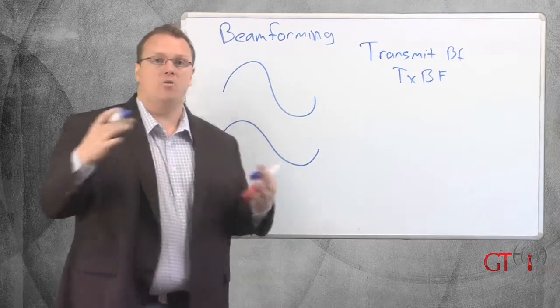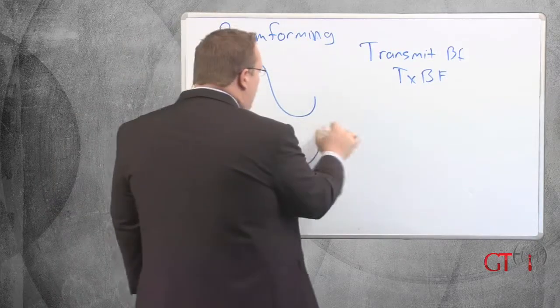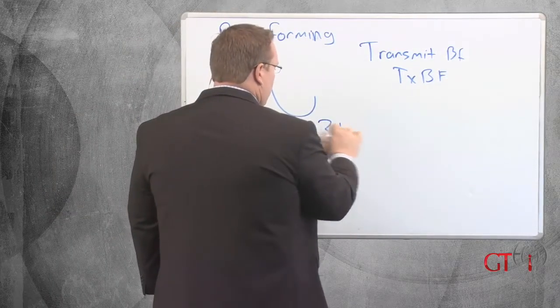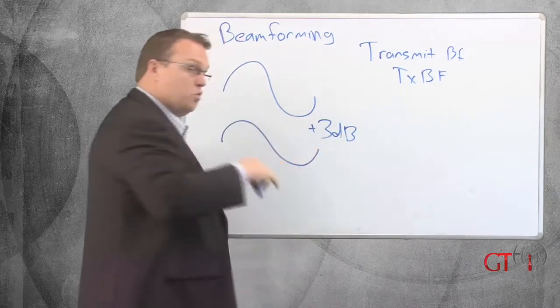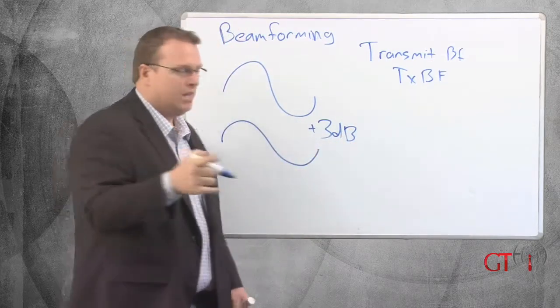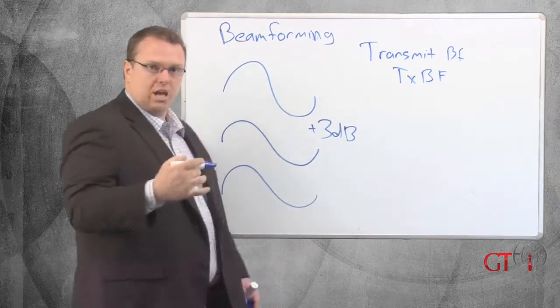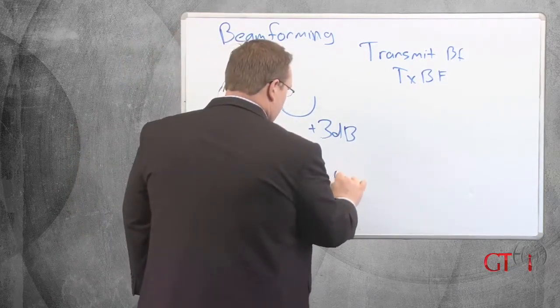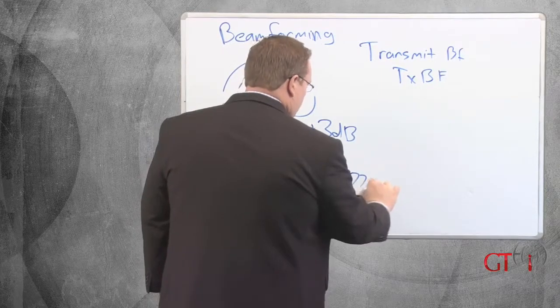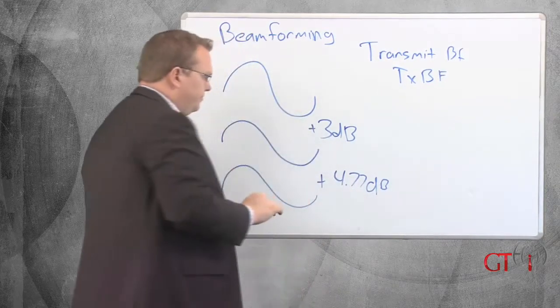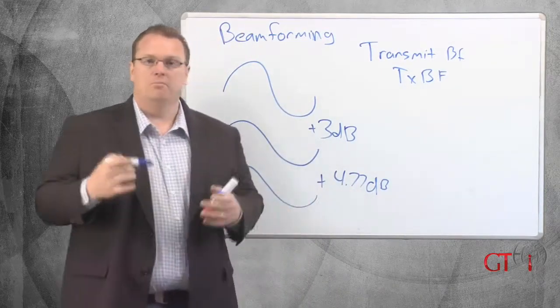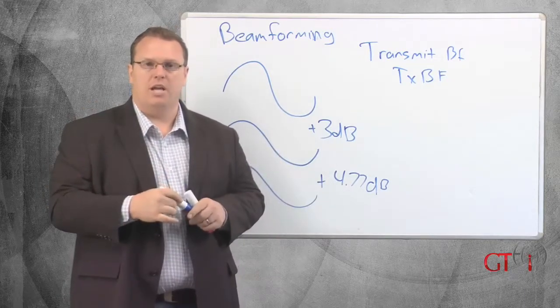Instead of canceling it out, you actually get gain. Two of them equals 3 decibels of gain, twice the power. You should know that by now. If you were to have 3 of them that go together, you actually get plus 4.77 dBs of gain. So you're actually getting more gain the more that you can put these together.